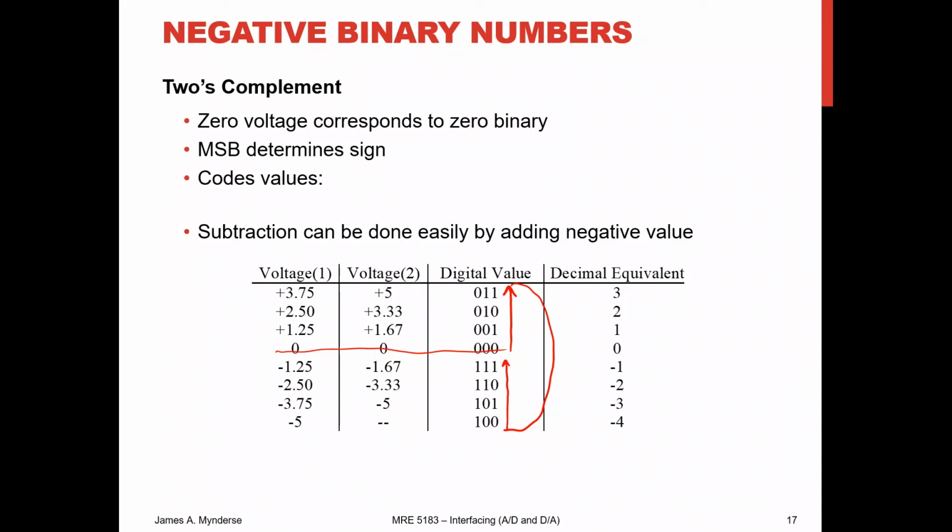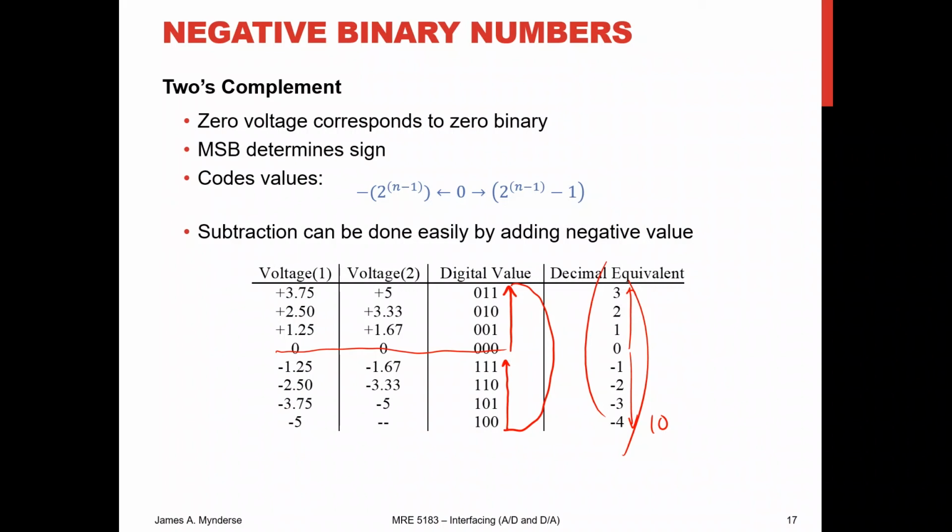In our decimal equivalent, notice that we go from 0 up to a positive 3 and from 0 down to a negative 4, so we don't end up with 2 zeros anymore. Now we've got more negative numbers than positive numbers. Same sort of thing, we have negative 2 to the n minus 1 up to 2 to the n minus 1, minus 1. We've got one more negative value than we do positive values.